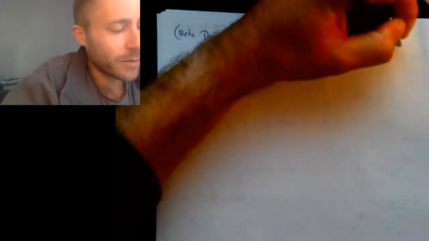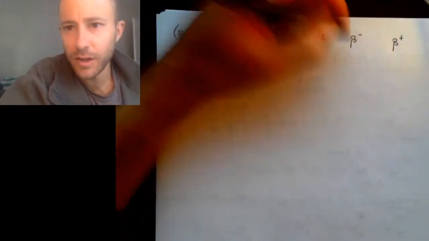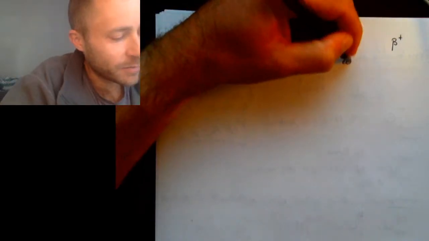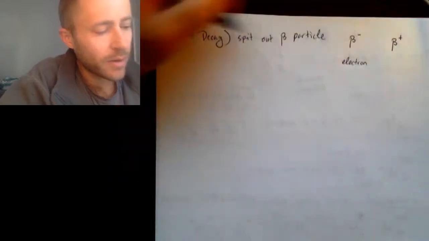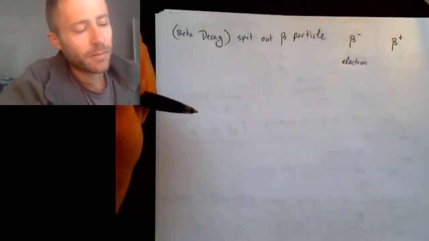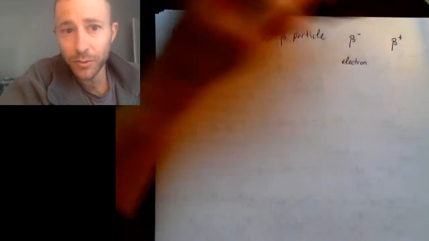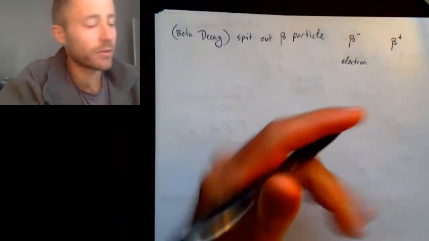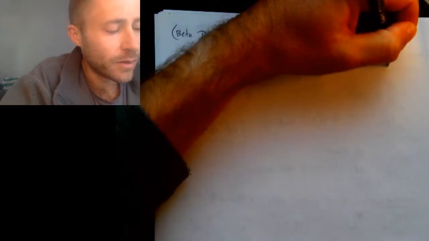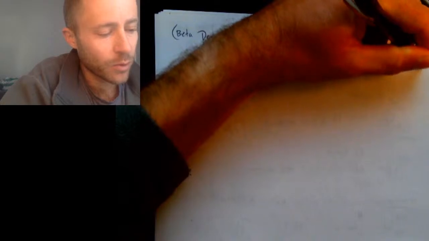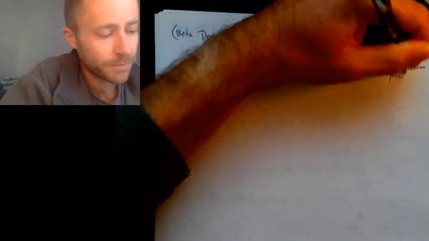So there were actually 2 forms of the beta particle. There was beta minus and there was beta plus. So the identity of the beta minus was an electron. Okay. And then the identity of the beta plus was the antiparticle of the electron, which had 2 names. You can call it an anti-electron, or you can call it a positron.